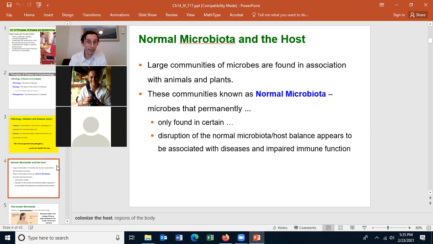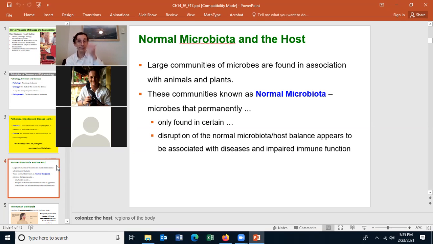But different species have different normal microbiota. And as you may know, Salmonella is a normal microbiota for chickens and turkey and many other birds. And that organism causes disease in us. So it is not a part of our normal microbiota.